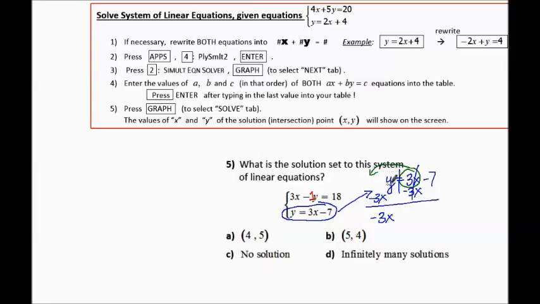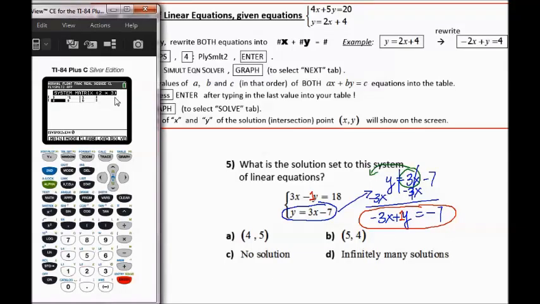This y is positive, so you're going to add the y is equal to -7. So the second equation that you're going to be entering into your calculator is a -3, a +1, and a -7. Always double check that the equation is written in standard form. The x term first, -3, enter, then a +1, and then a -7.